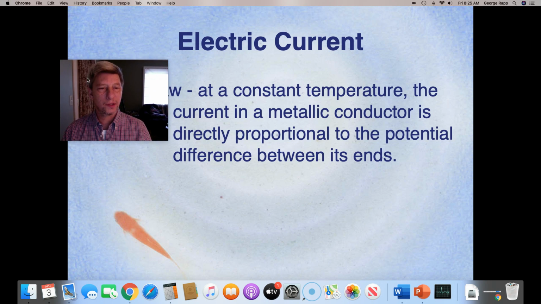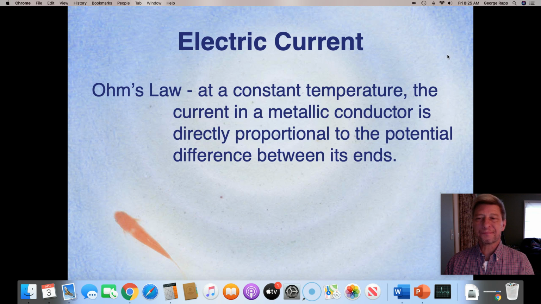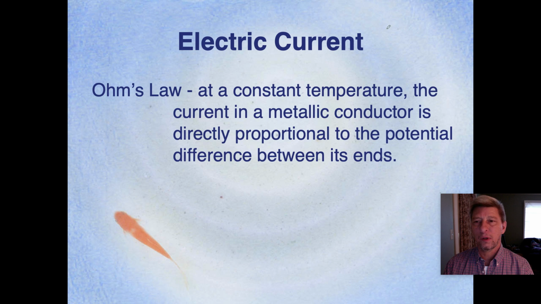So Ohm's Law states that at a constant temperature, the current in a metallic conductor, a wire, in other words, is directly proportional to the potential difference between its ends. So if I was to graph this, if I've got V and I've got I, it's a direct proportion.